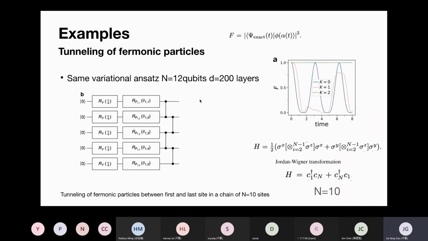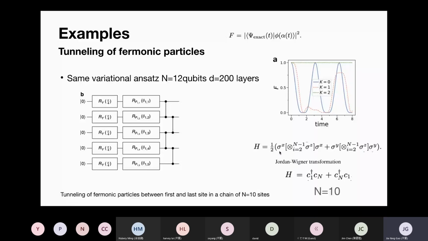Okay, in the third example, it doesn't show the exact evolution, but it shows the fidelity. They overlap the exact solution and the evolution of the quantum-assisted simulator to see whether it follows the exact solution. If the fidelity is 1, it matches the exact solution, but if not, it has some error. In this case, they use the same ansatz, 12 qubits and 200 layers, and you evolve this Hamiltonian.